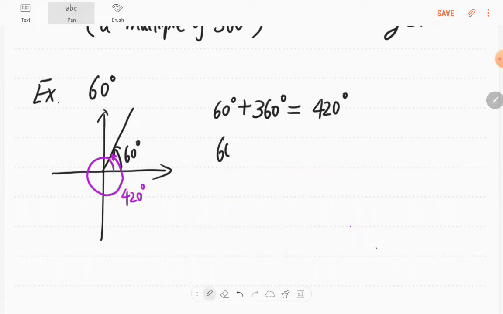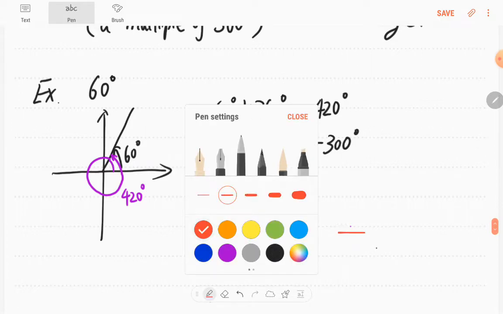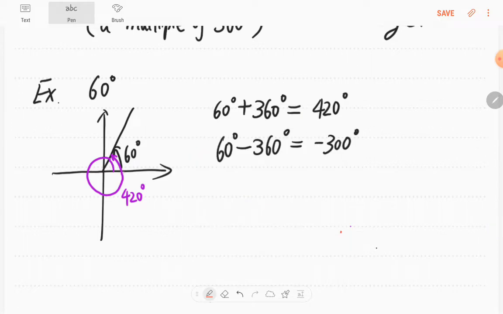Of course we can also subtract 1 revolution. So this one would be what? This one would be negative 300 degree, right? So actually we start from here. So this is the 60 degree, right? Then subtract.